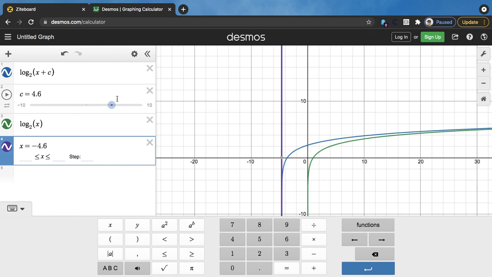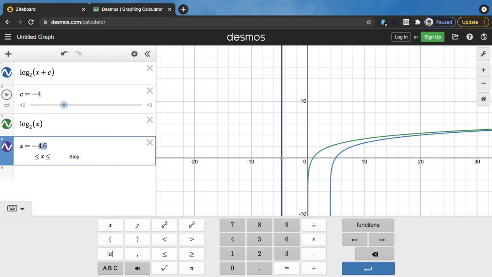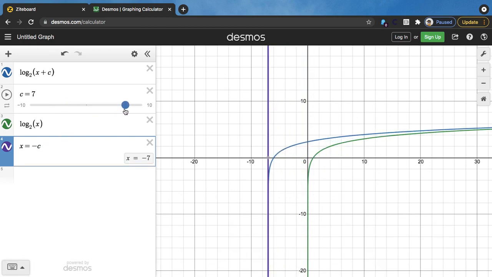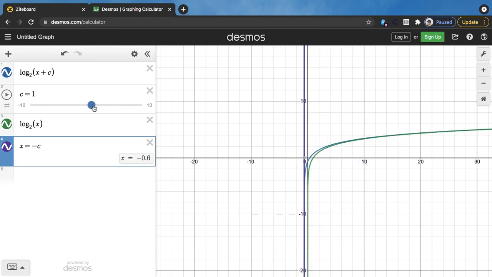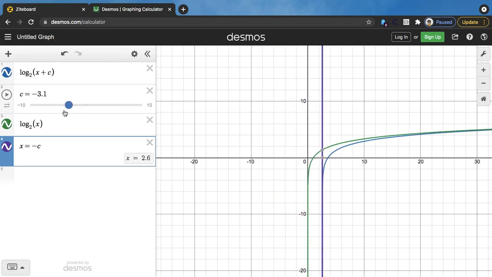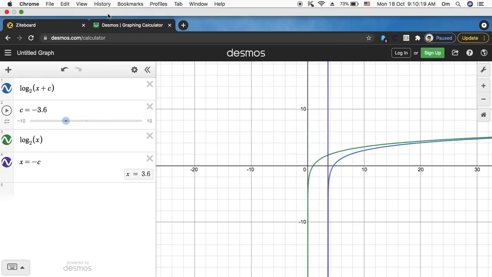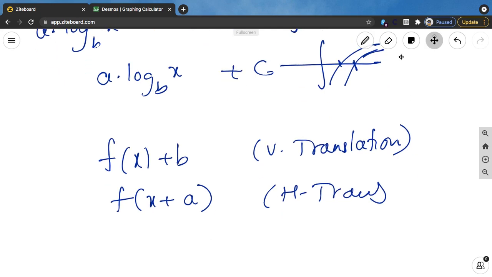Do you see the value of c is 4.6? If I change it, my vertical asymptote keeps on changing. The vertical asymptote and the x-intercept, of course, will change if I change the value of c, and this is horizontal translation. You can see that with respect to x, the green graph is horizontally translated. So that's your horizontal translation.